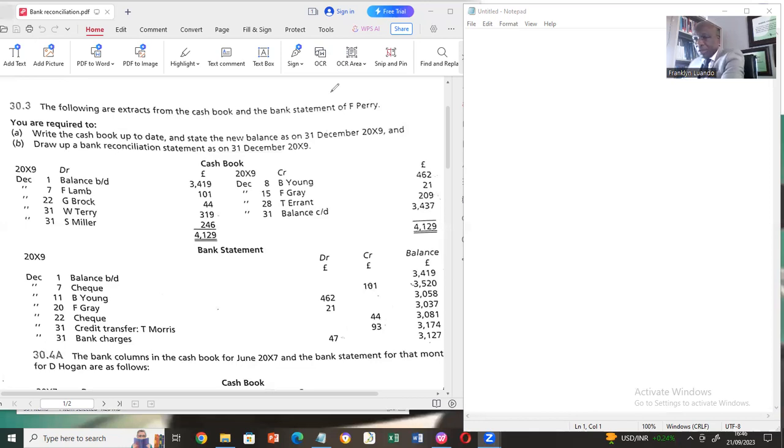So I'll start with the causes of the difference.